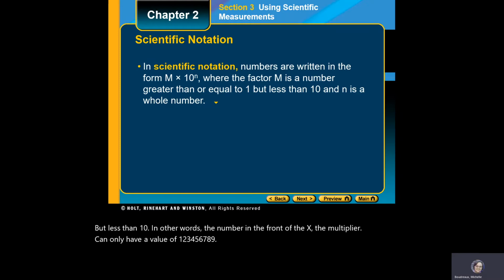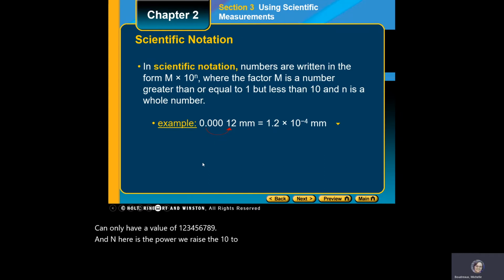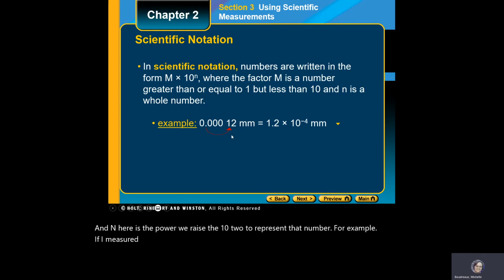And n here is the power we raise the 10 to represent that number. For example, if I measured this tiny amount of millimeters, 0.123, 3 zeros, then a 1 and a 2.